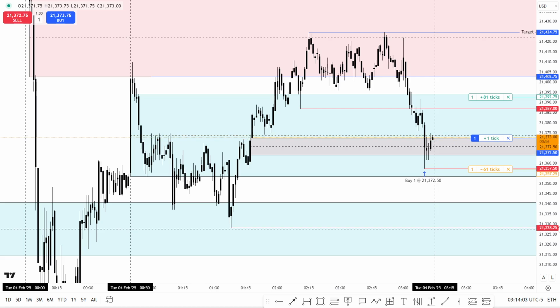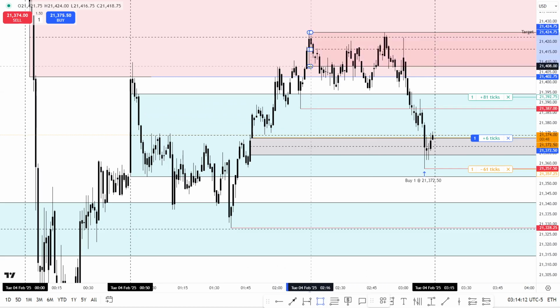So now we're patiently waiting for 0315 to really begin spooling in one direction, preferably higher, back into what? This range. This high to that low.